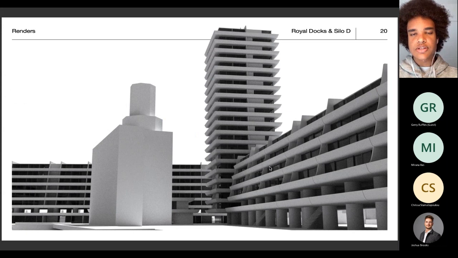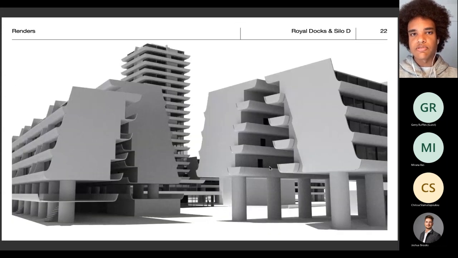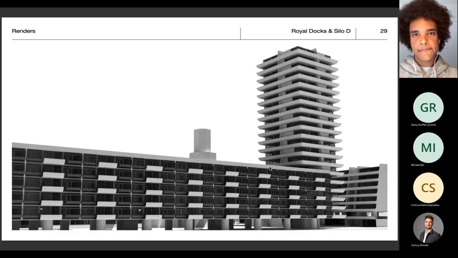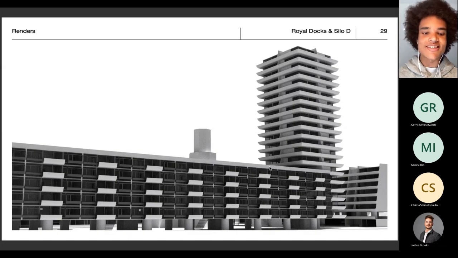Just some more sketches. And then I did some renders using Rhino. And also made a massing model out of balsa wood, but it's just not in this presentation.